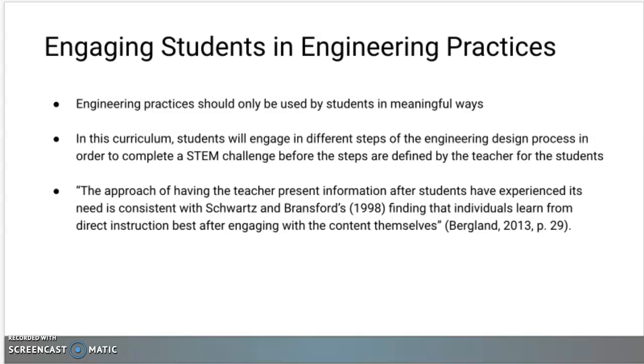In this curriculum, the students will engage in different steps of the engineering design process in order to complete a challenge before the steps were defined by the teacher. This went along with Schwartz and Bransford's findings that individuals learn from direct instruction best after engaging with the content themselves.